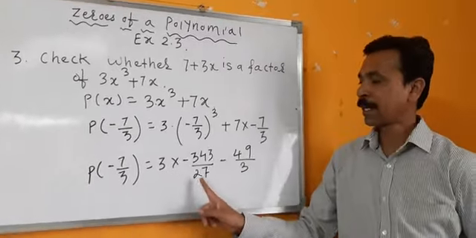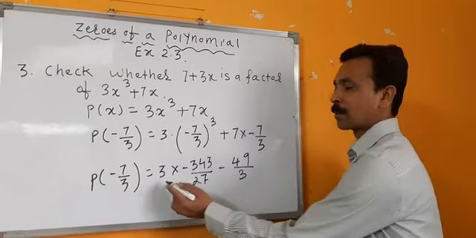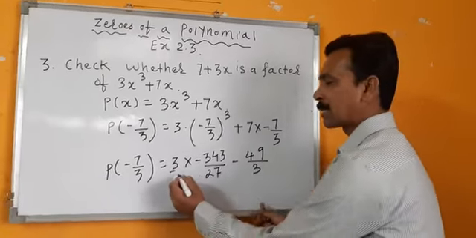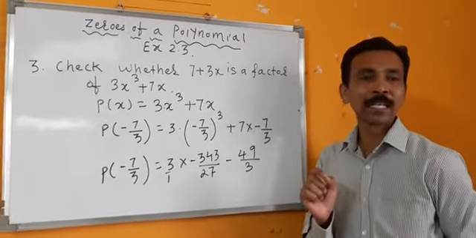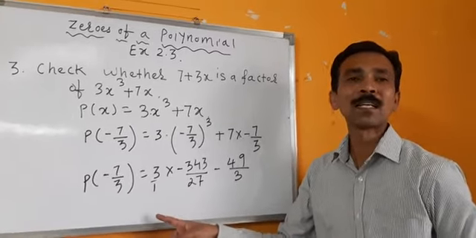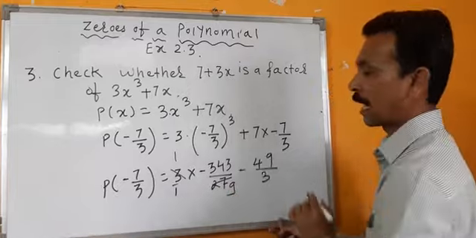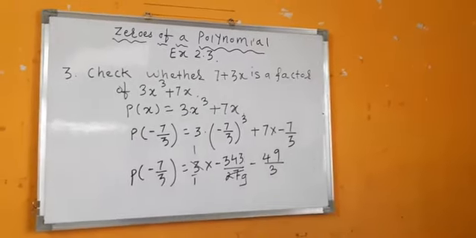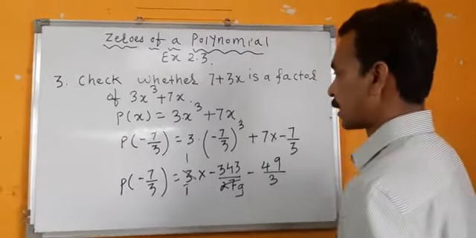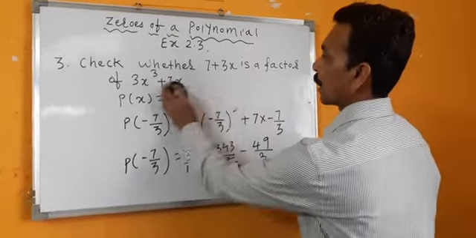Can I divide 3 and 27? Yes, because 3 is in the numerator. 3 means 3 upon 1. If there is nothing in the denominator, we always take 1. 3 ones are 3, 3 nines are 27. Now I will write here.